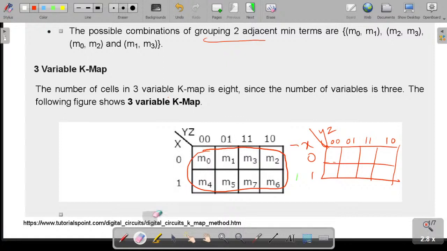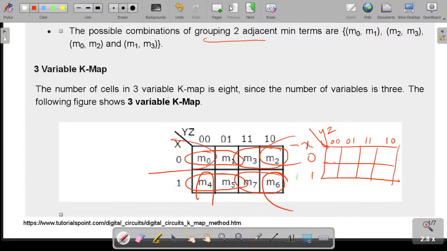Then for 2 adjacent terms, for example if I group these two terms, 1, 2, 3, 4, these are the options. And I can also cover in this way, these two.